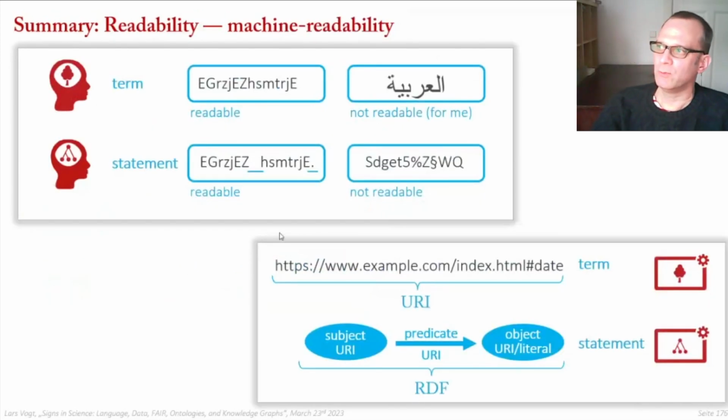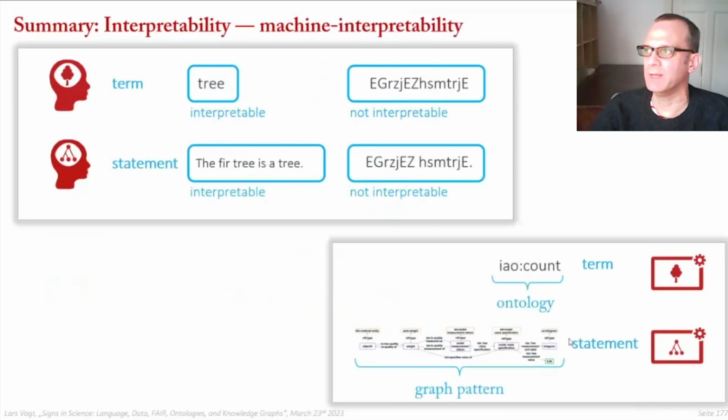So we talked about readability for machines in the context of ontologies and knowledge graphs. For the terms, we need URIs, and then, of course, the literals. And for the statements, we need RDF. In terms of interpretability, for the terms, we need ontologies, and for the statements, graph patterns.